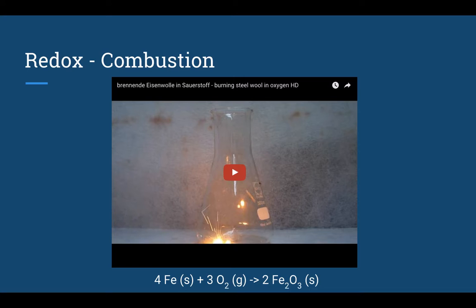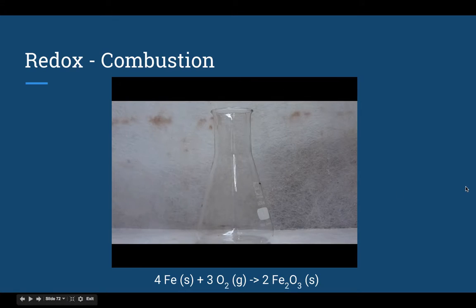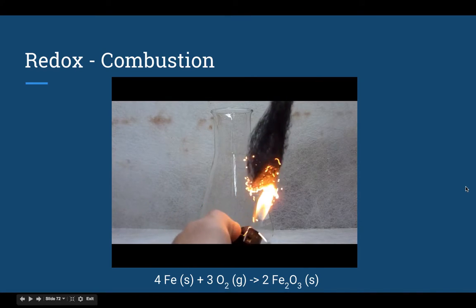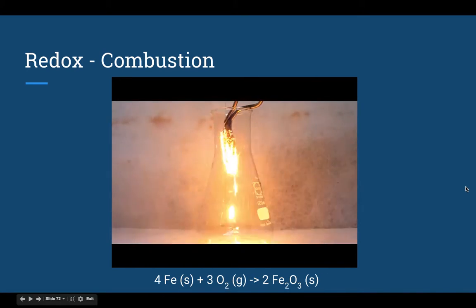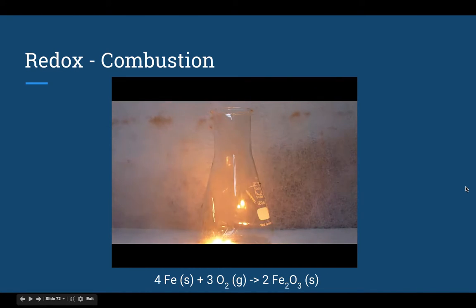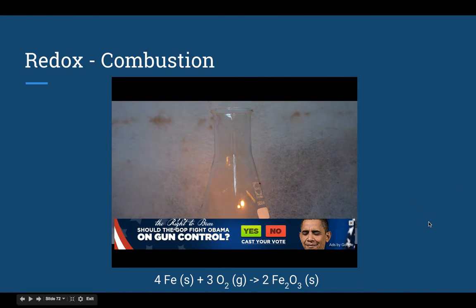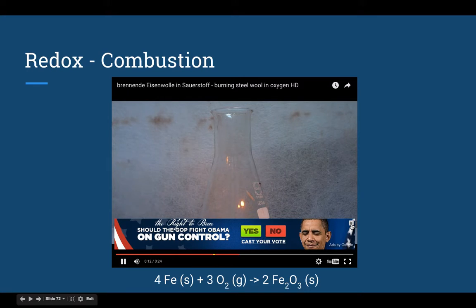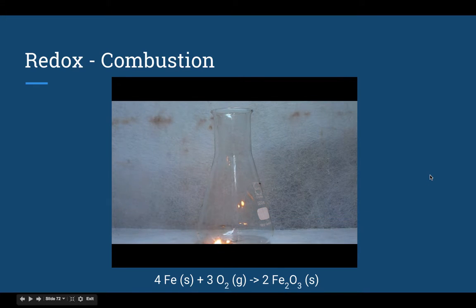When you put it into pure oxygen gas, you can get a pretty good combustion reaction going on. So let's do this. Right, pretty quickly that thing will catch on fire and turn into iron oxide. Okay.